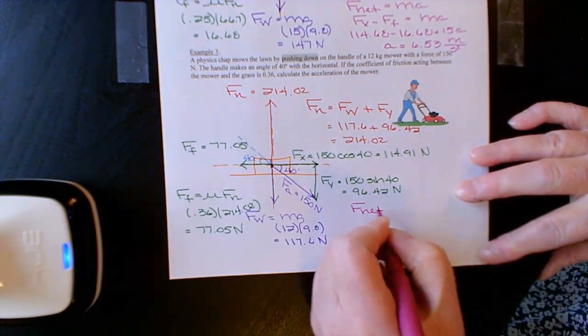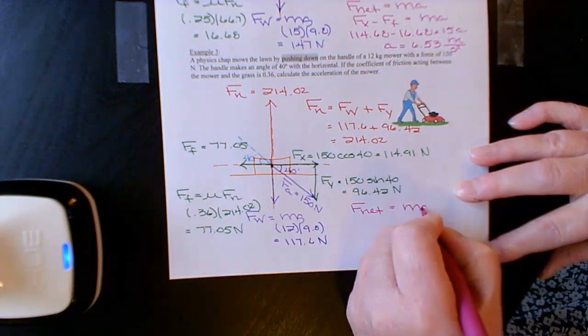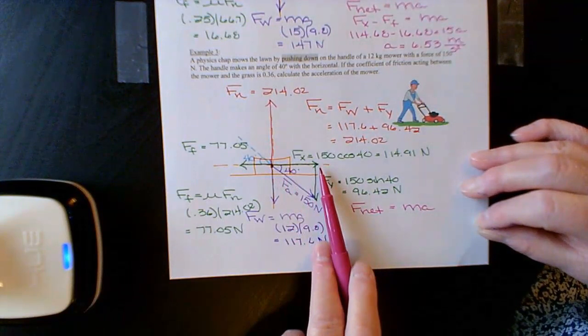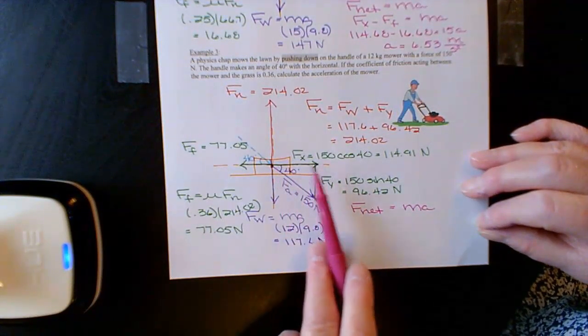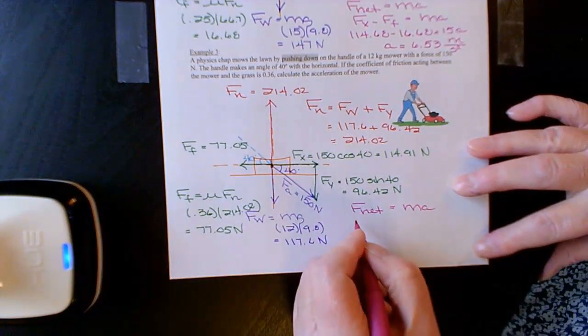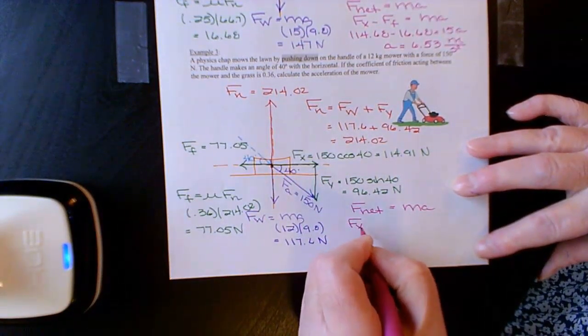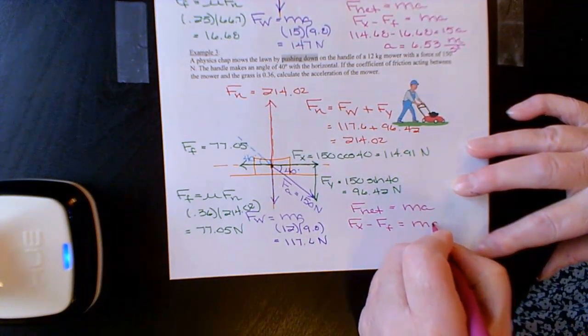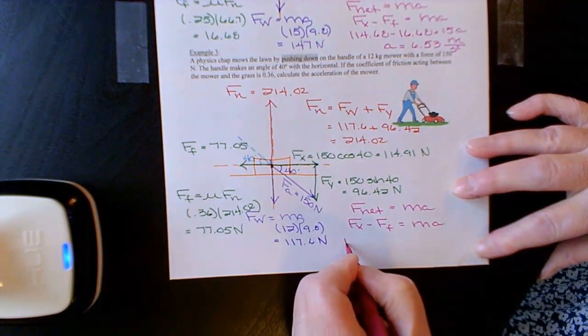All right, so I have my free body diagram finished with the components, and I can now calculate the acceleration of the mower. I know it's accelerating because I have a bigger force in the positive x direction than I have in the negative x direction. So I'm going to take the x component and subtract off the friction that's working against me, and then I can calculate the acceleration.